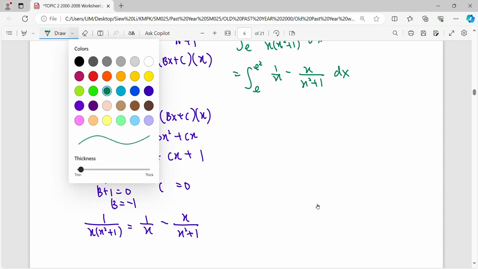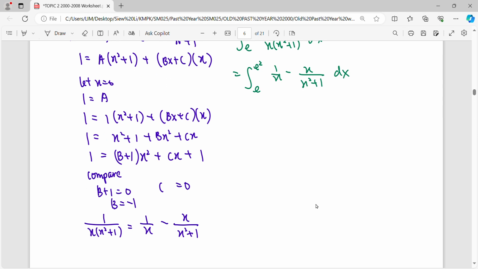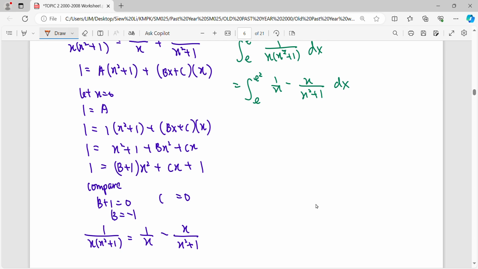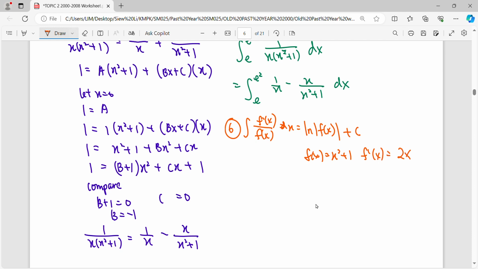All of this is testing integration using partial fractions. For the special form formula, integrate f prime x over f x equals ln f x plus c. We can see f x is x squared plus 1. When we differentiate, we are supposed to get 2x. So up here we need to multiply by 2 and then divide by 2, that is, times 1 over 2.